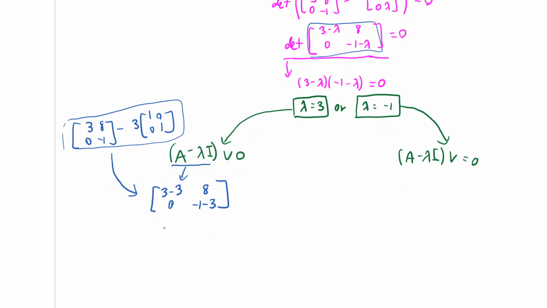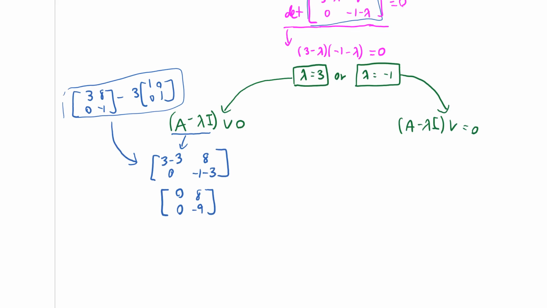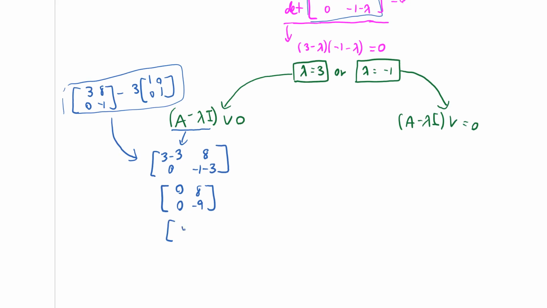So, my matrix A minus 3I is 0, 8, 0, negative 4. I do the reduced row echelon form, that would be just 0, 1, 0, 0. So I knew then the null space for this matrix would be just the span of the vector 1, 0.